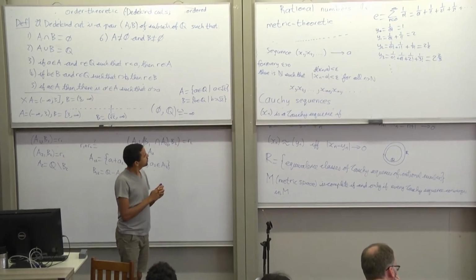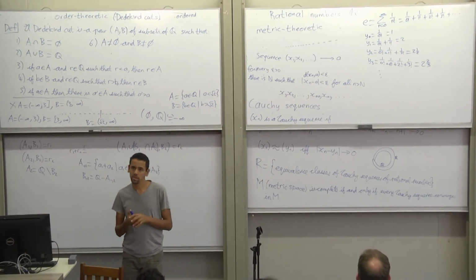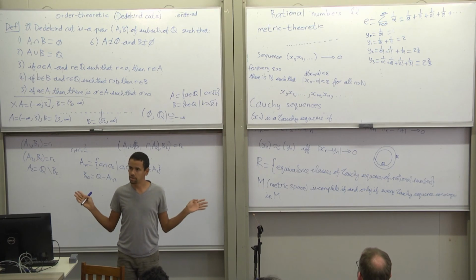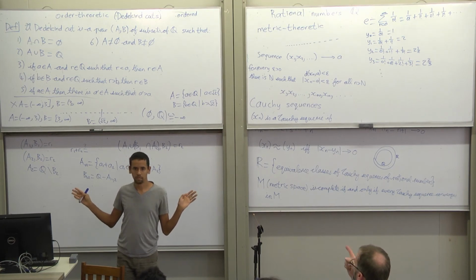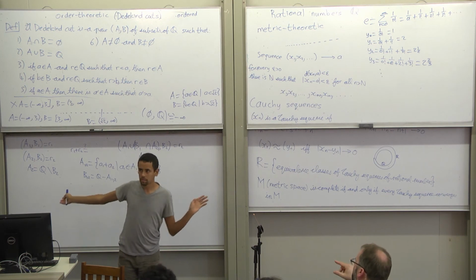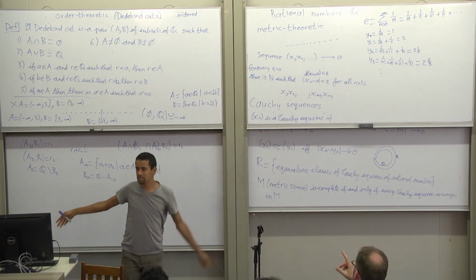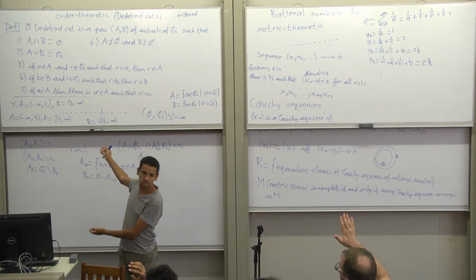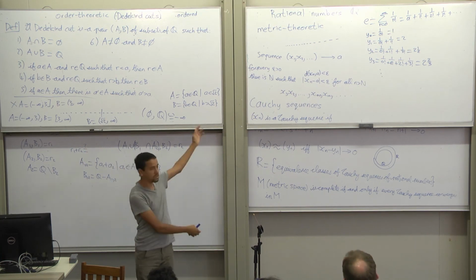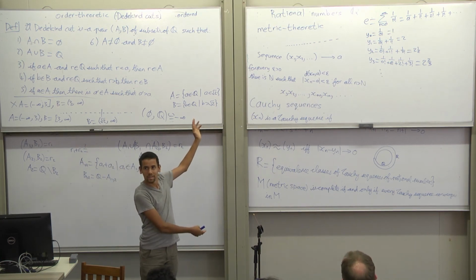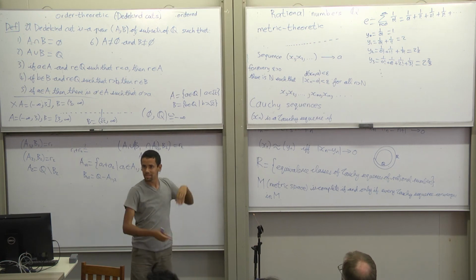Okay, so which definition of the real numbers do you like more? Hands up for Dedekind. Okay, hands up for the metric theoretic way. Okay, that's good.